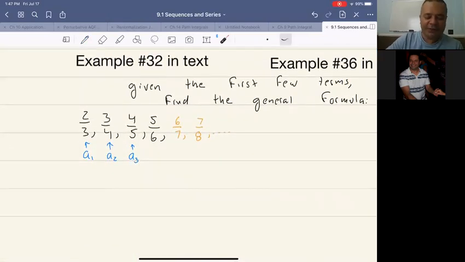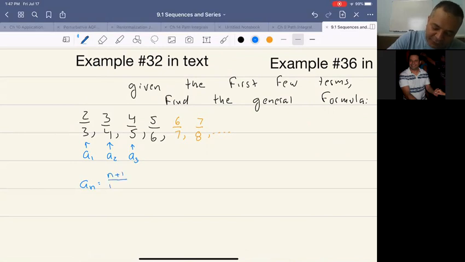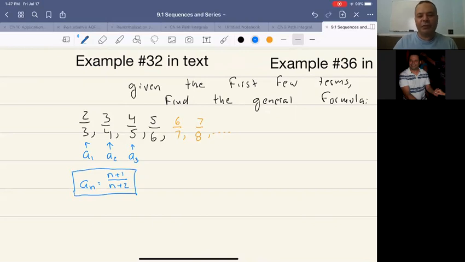So if that's how the terms go, then a sub n is always going to be n plus 1 divided by n plus 2. Okay, so this is the general form of the formula for the sequence.